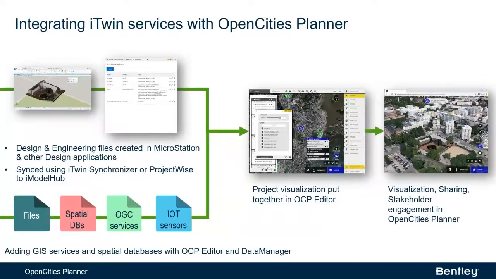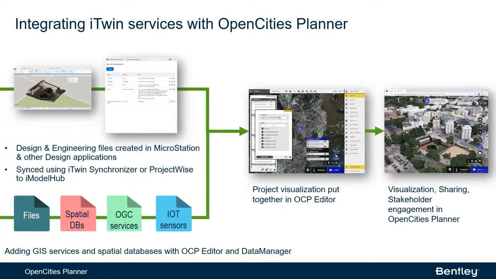And just an overview of how it works. All the design and engineering files that you have could be created in MicroStation or Revit, or you get it from an architect or a developer as a DWG, for instance. You would then use the iTwin Synchronizer or the ProjectWise connections to synchronize it to the iModel Hub.